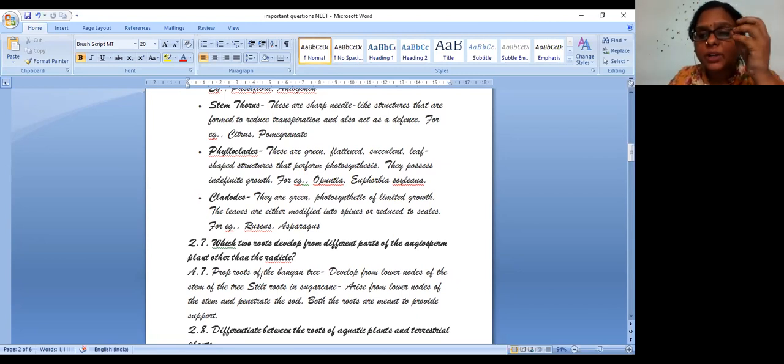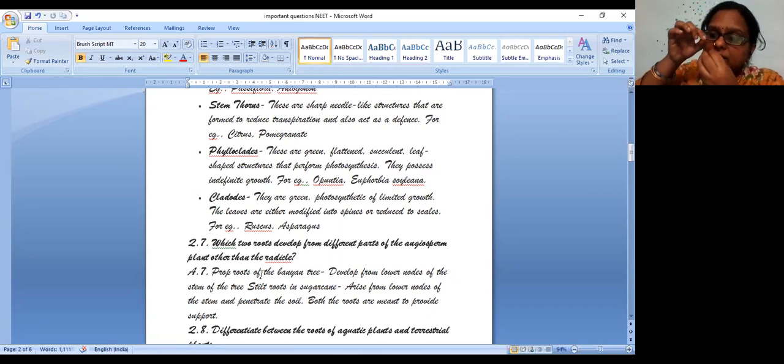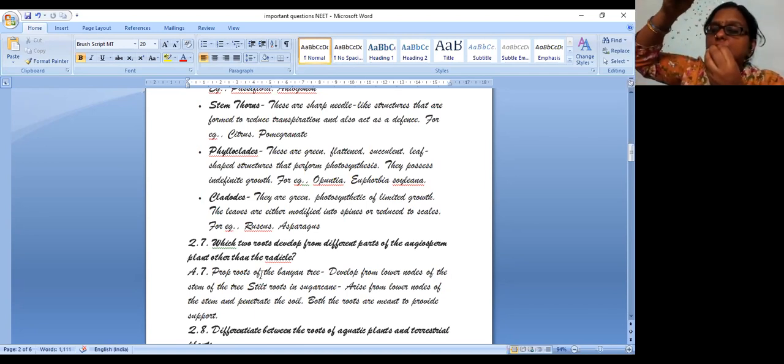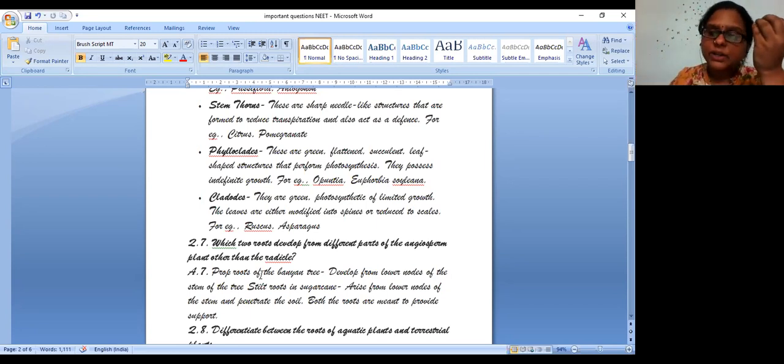The top one is called the plumule, the bottom one is called the radicle. That radicle is converted to the root system. That plumule is converted to the shoot system. That I'll tell you when I take seeds.